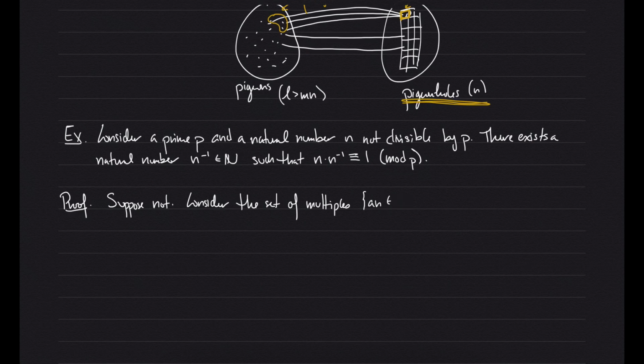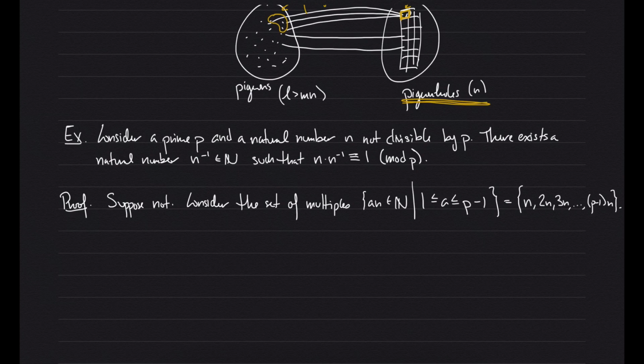Okay. Consider the set of multiples of n such that 1 is less than or equal to a, which is less than or equal to p minus 1. We can write this more clearly, more intuitively, like this: n, 2n, 3n, dot, dot, dot, p minus 1 times n.